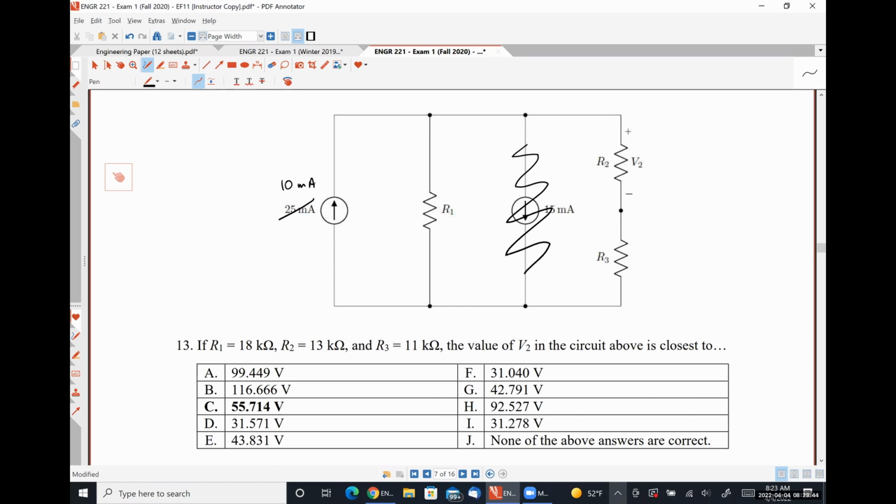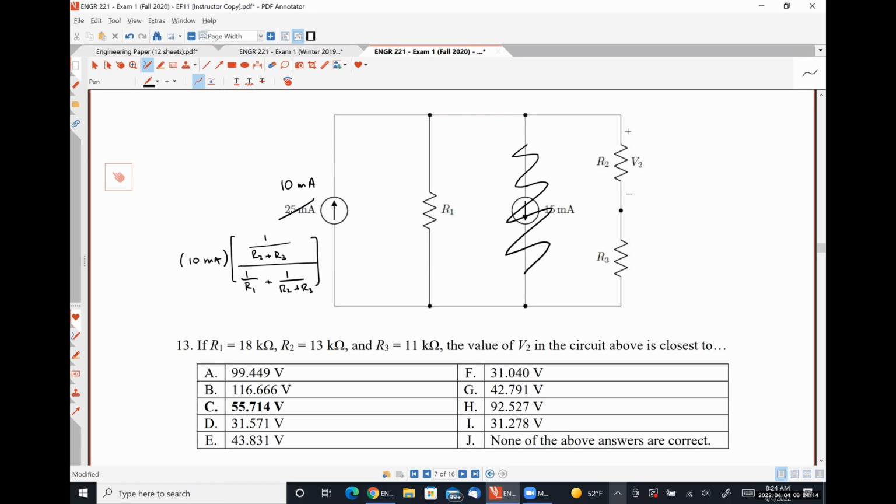The current flowing through that right-hand branch is going to be 10 milliamps times 1 over R2 plus R3, divided by 1 over R1 plus 1 over R2 plus R3.